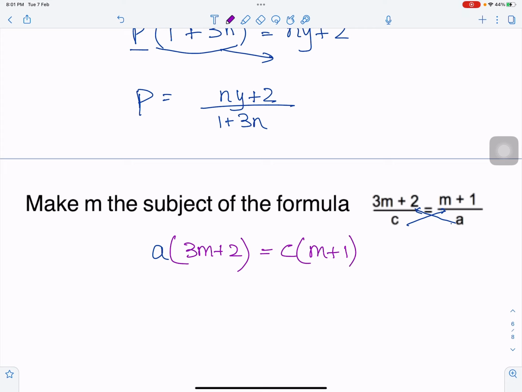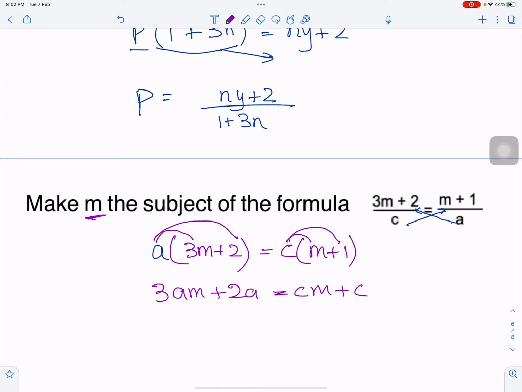Now m is present in both the brackets, so I will expand the bracket first. So it is 3am plus 2a, a is multiplying by both the terms. Similarly, c will multiply by both the terms. c1s are c, cm's are cm. Now, because I have to make m a subject, the terms which have m, this one and this one, should be together.